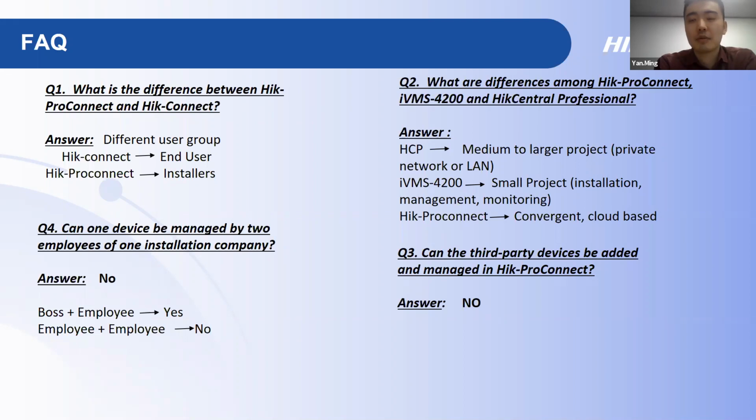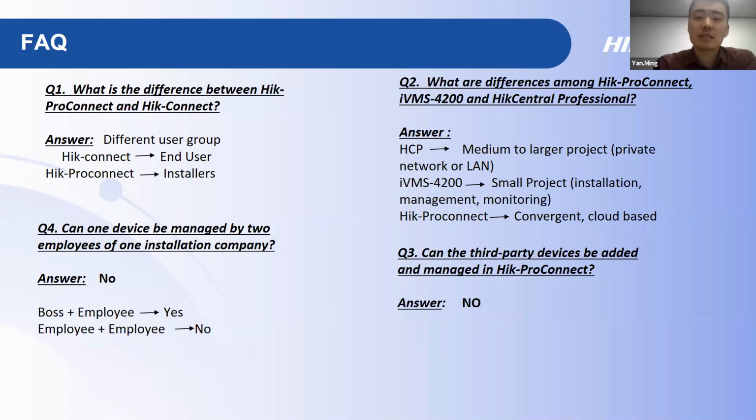Installers probably spend more time on the web client, and users may use the control client most of the time. And iVMS-4200 is a client software good for small projects, because it can do device installation, management, and local monitoring easily. From my experience, end users and installers normally share the login here.